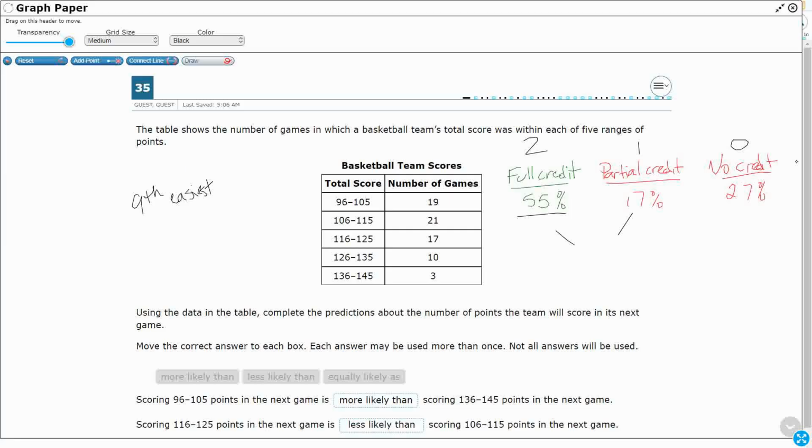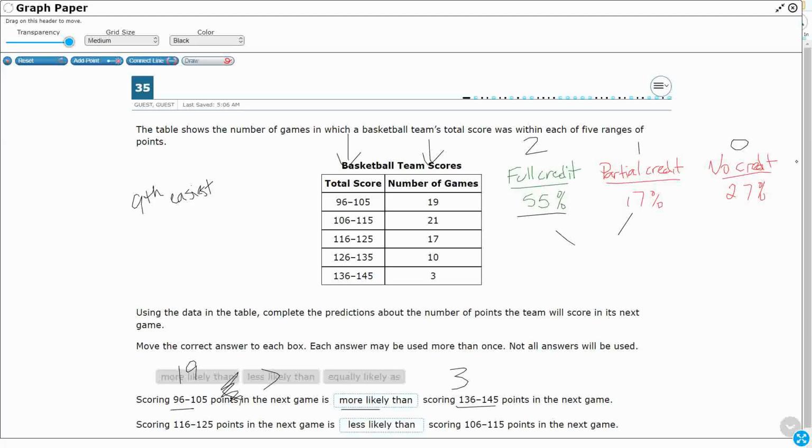I think the issue here is whether they were looking at the scores or at the number of games. There are two different pieces of data. If you're looking at the 96 to 105, that's definitely less than 136 to 145. But our answer is more likely than because we weren't looking at the score; we were looking at how many games they won. That 19 to 3. So that's what shifts that.